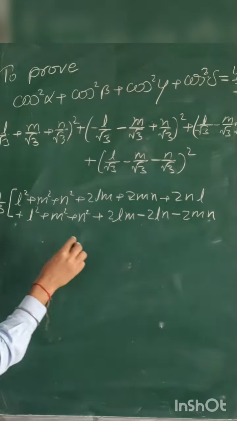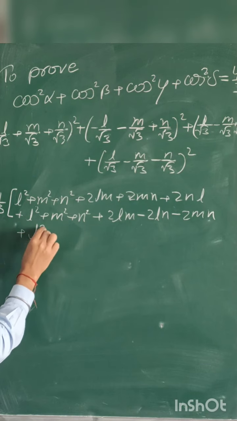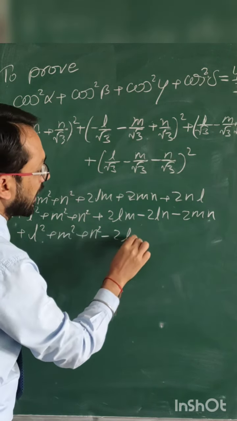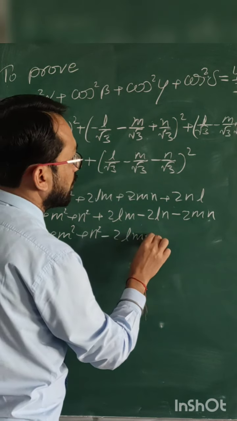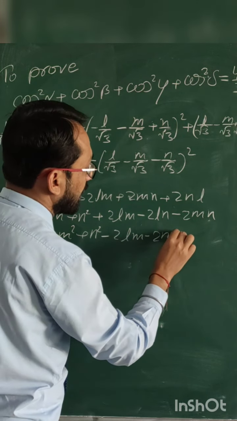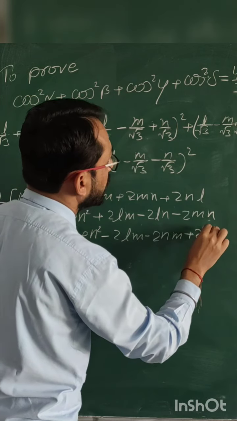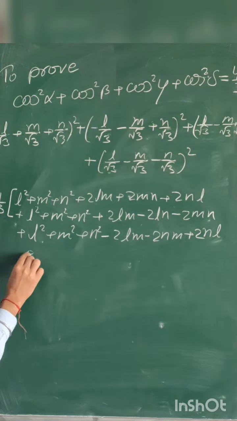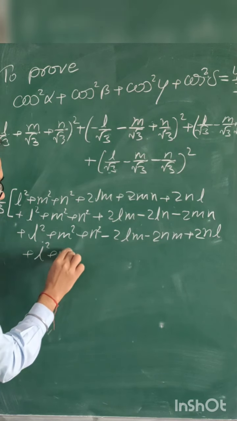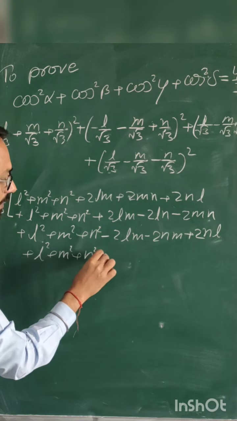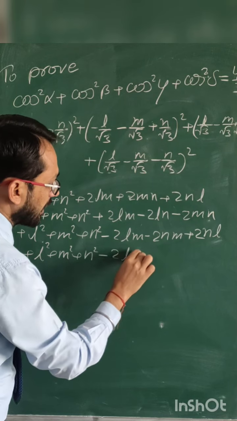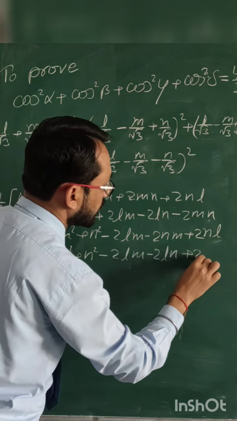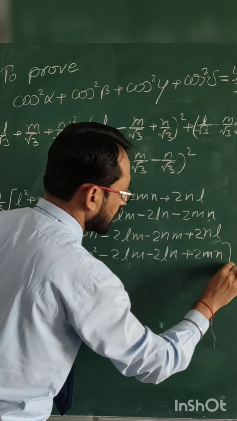Now this plus l square plus m square plus n square minus 2lm minus 2nm plus 2nl. Last plus l square plus m square plus n square minus 2lm minus 2ln plus 2mn.